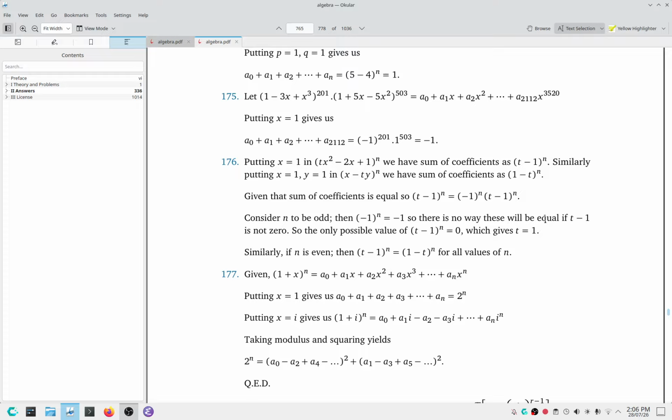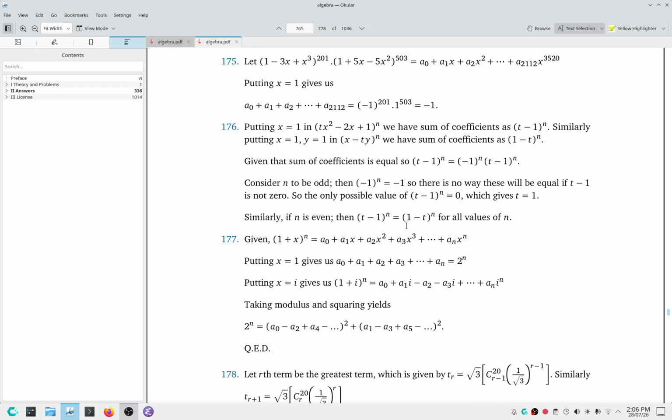So there is no way these will be equal if t minus 1 is not 0. So the only possible value is (t - 1)^n equal to 0, which gives t equal to 1. Similarly, if n is even, then (t - 1)^n is equal to (1 - t)^n for all values of t. So we have split the problem in two parts, one when n is even, another when n is odd.